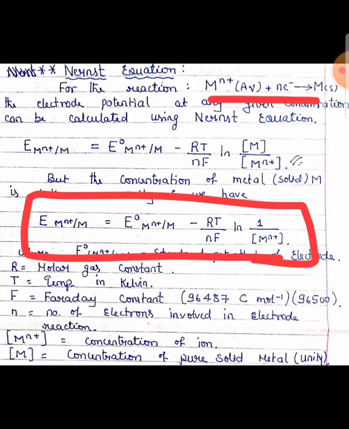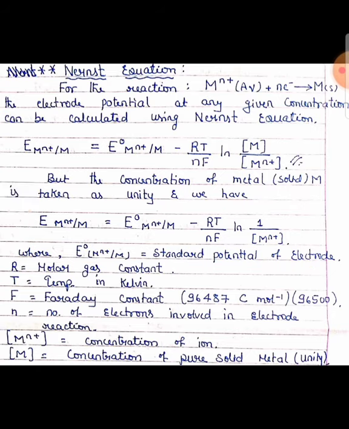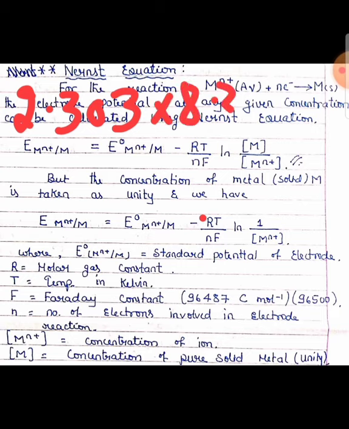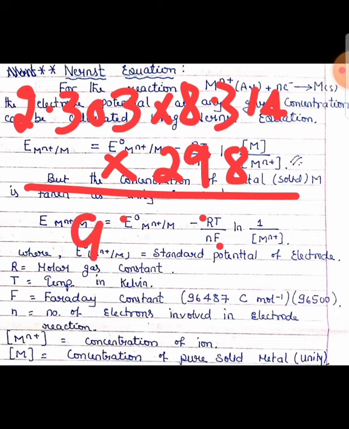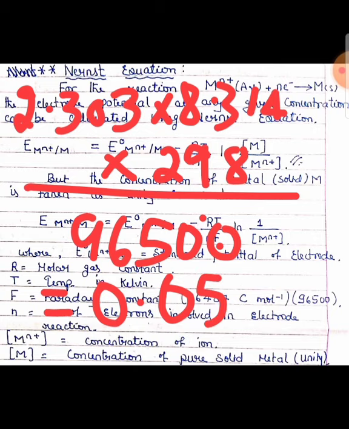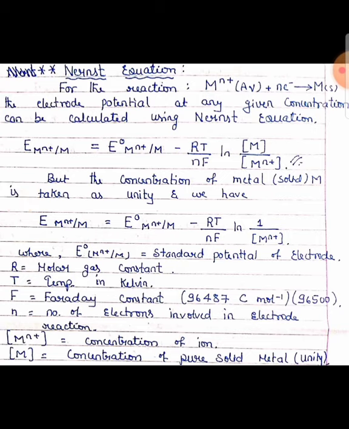Now if you want to convert the natural log into log, then we have to multiply by 2.303, and the R value we know, universal gas constant 8.314, into temperature 298 Kelvin, the standard temperature, divided by F, that is 96,500 coulomb. When you calculate this, we will get the value 0.0591. So this value we can substitute in the equation.